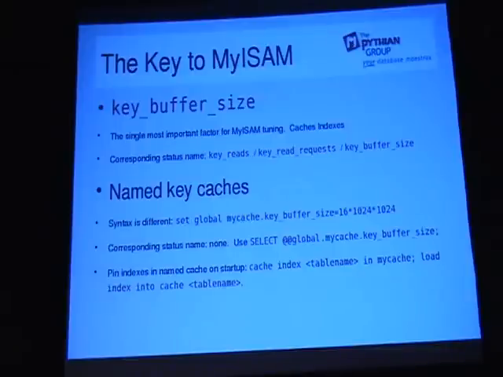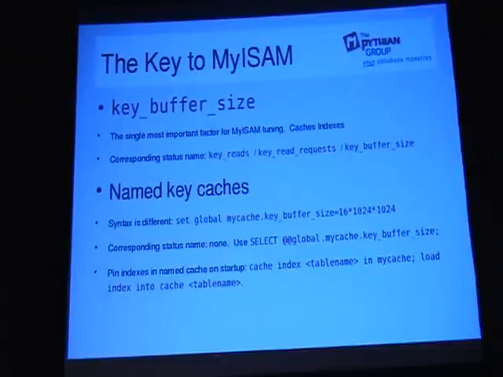So if you've got a table you know is used very often, you don't want the indexes to be aged out of the cache, pin them with a named cache. And the added advantage is you can preload those indexes on startup. So when you start up the database, it's got no queries, immediately the indexes are cached and it doesn't have to go to disk again for those indexes.